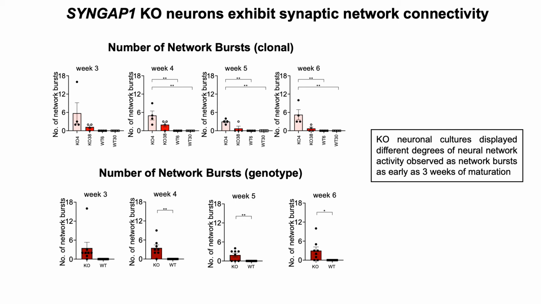The knockout neuronal cultures displayed different degrees of neural network activity, observed as a network burst, as early as week 3 of neuronal maturation. Thus, we can say that SYNGAP expression influences the dynamics of cellular activity in the developing neuronal networks.